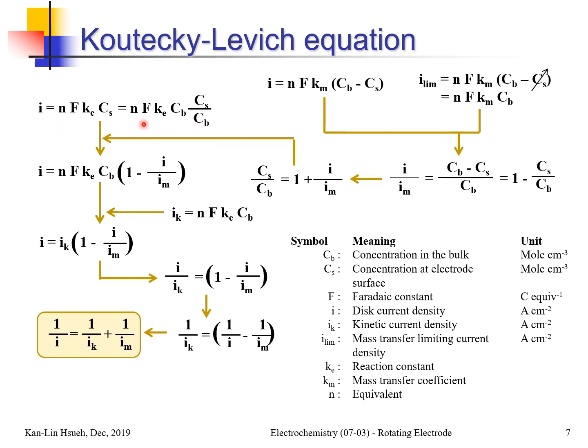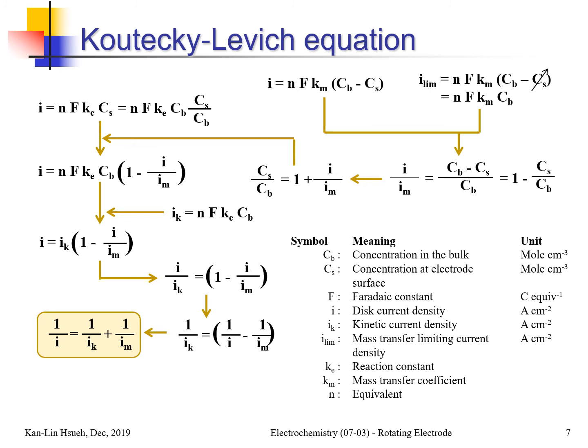But over here, for C_S over C_B, I can substitute this equation, ending with the limiting current and the current here. And this one is a kinetic current. We defined this as the kinetic current here. So we end up with this equation, and when you rearrange it, you end up with what is called the KL equation.